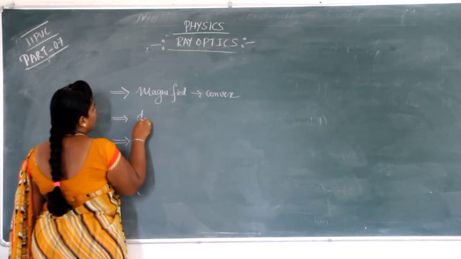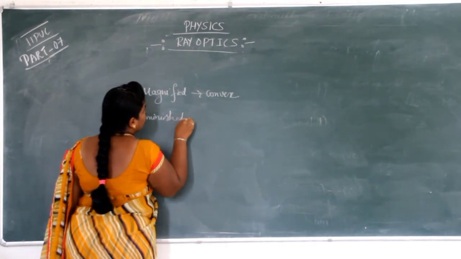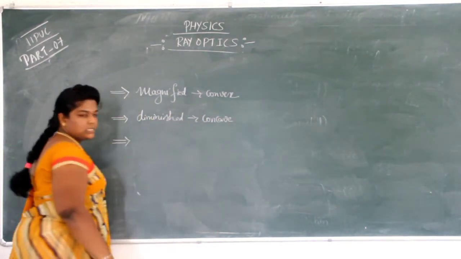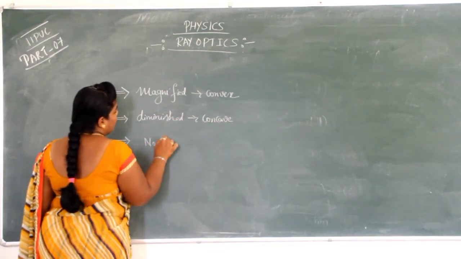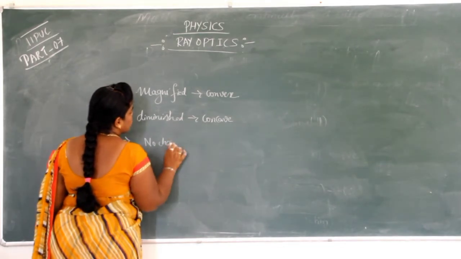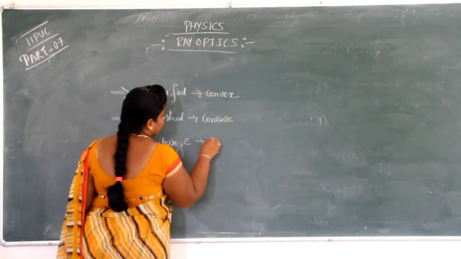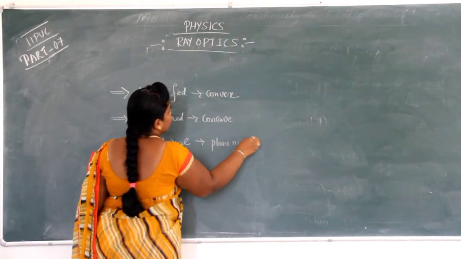If the image formed is diminished, then the glass is going to act as a concave lens. If there is no change in the size of the object, then we can say that the given piece of glass is going to act as a plane mirror.